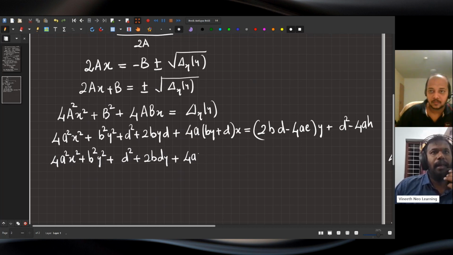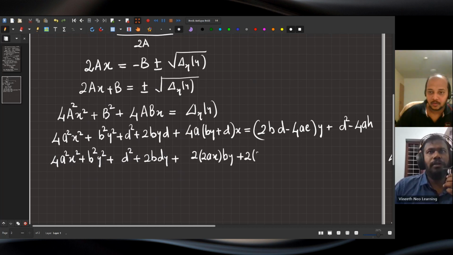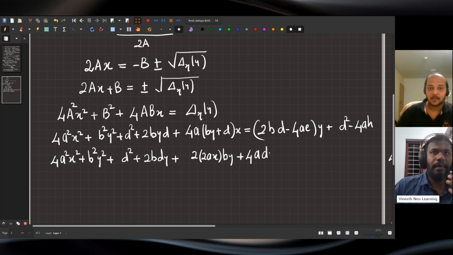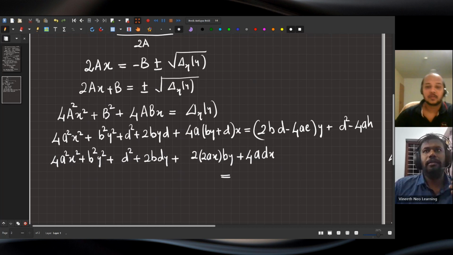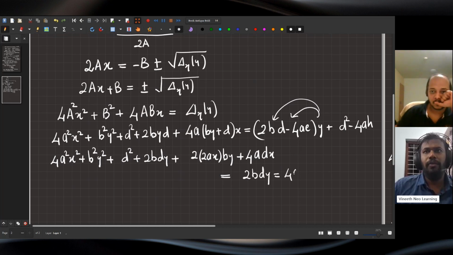Let me write it as 2 times 2ax times by, plus 2 times 2ax times d, which is actually 4adx. If you distribute y here, 2bdy equals minus 4aey plus d squared minus 4h.